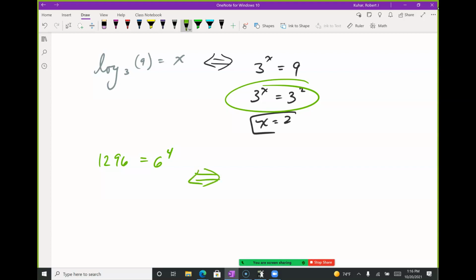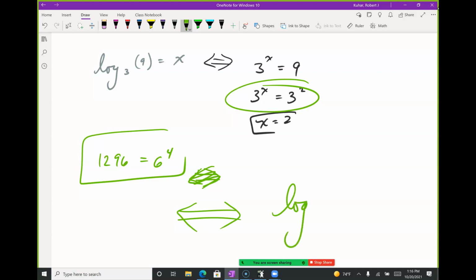Well, what's the base? This is a double arrow. What's the base here? Come on. 6. Yep, so log base 6, that's the name of it.